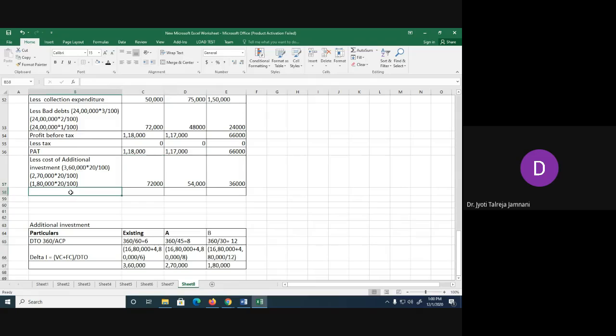When we less it, we get the profit. 1 lakh 18,000 minus 72,000, if I do, the profit is 46,000, 63,000, then 30,000.